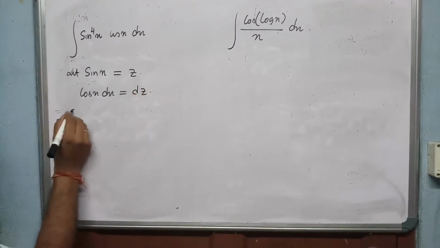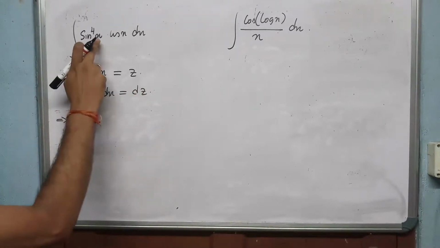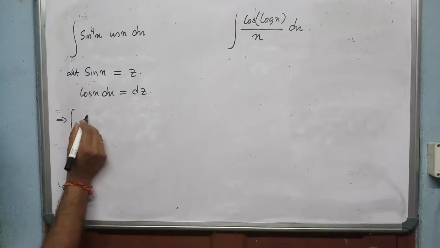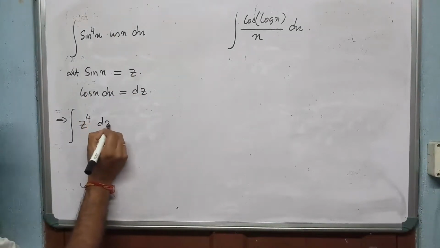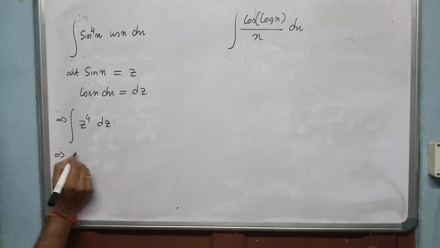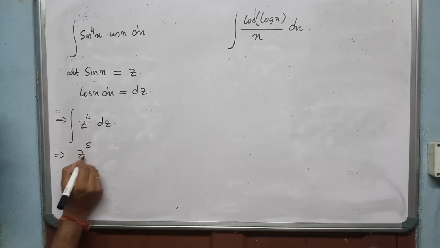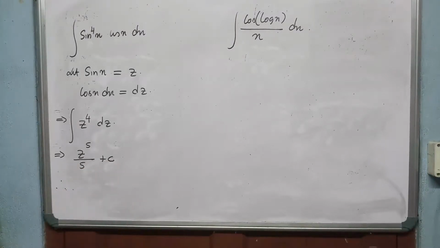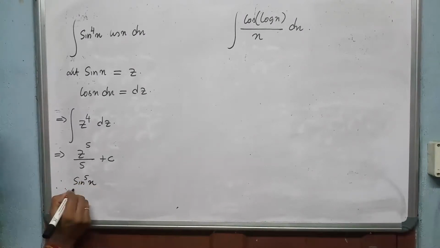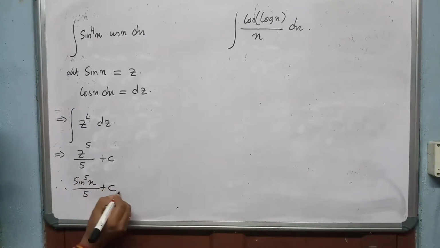Now the substitution: sine x is z, it is z to the power 4, and the value of cos x dx is dz. Integration of z to the power 4 is z to the power 5 over 5 plus c. Therefore substitute the value of z. z is sin x. So sine to the power 5 x over 5 plus c. This is the required answer.